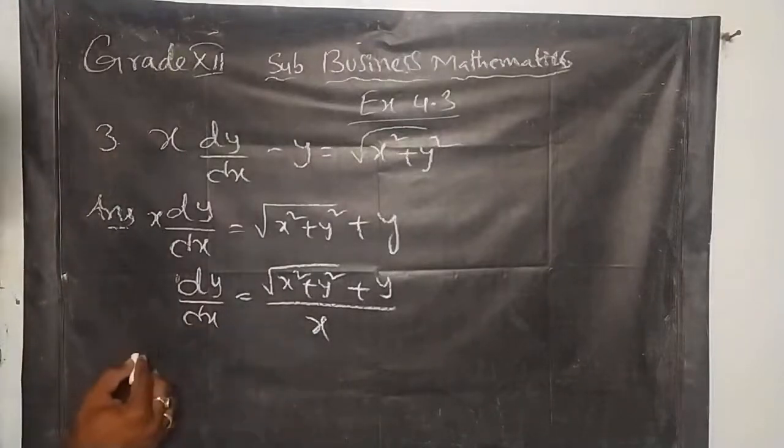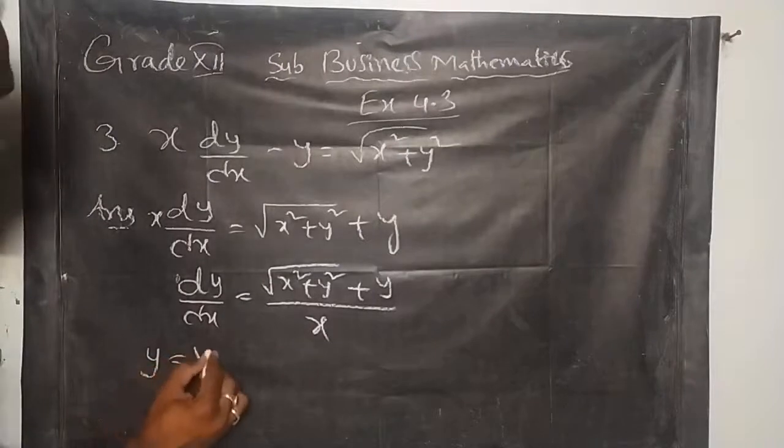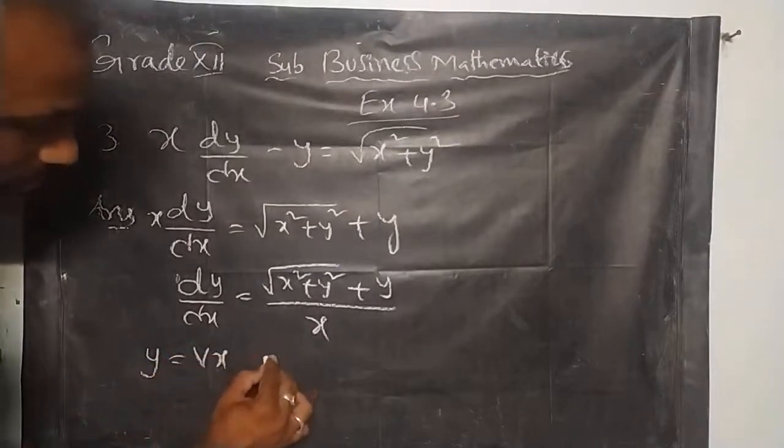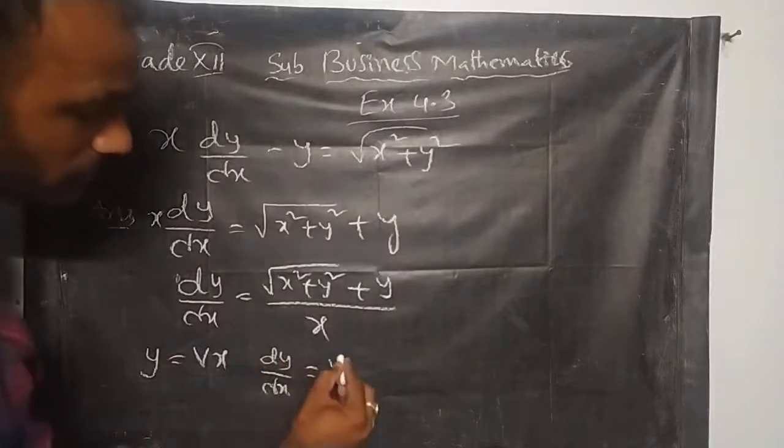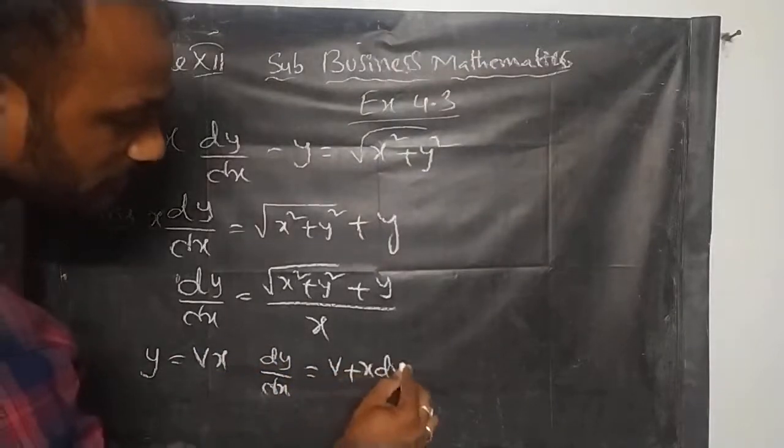Now let y is equals to vx, then dy by dx is equals to v plus x dv by dx.